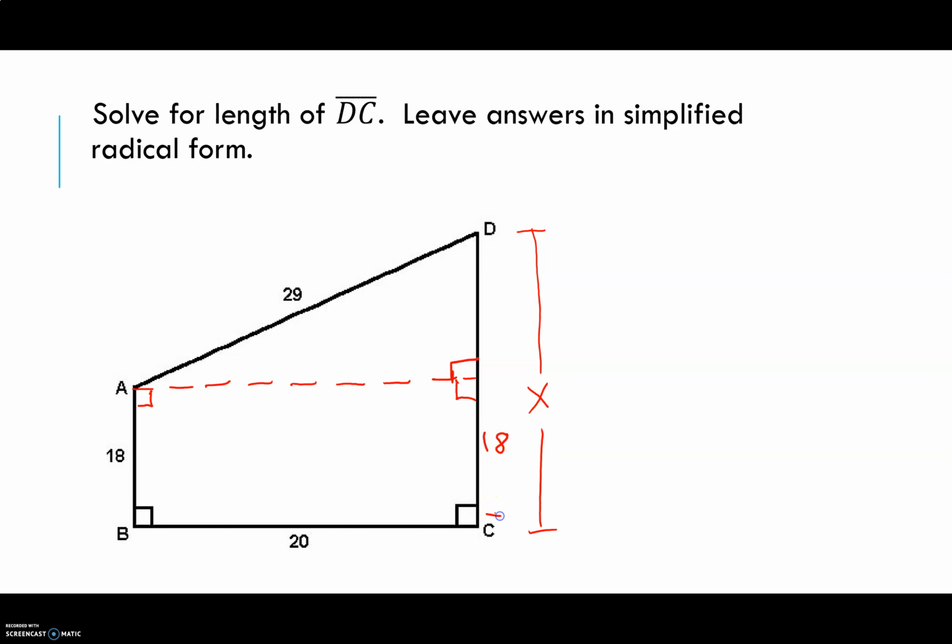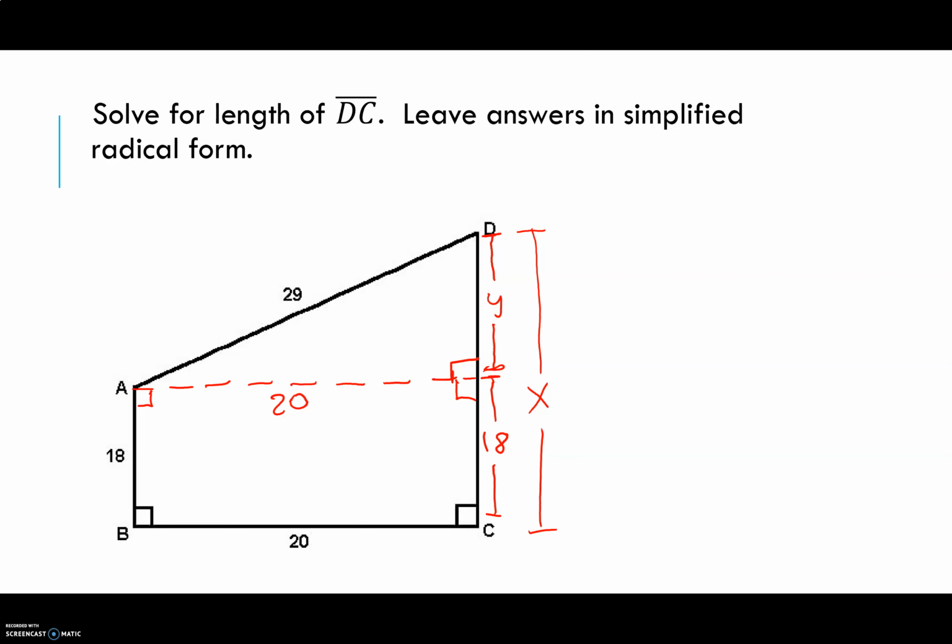So now we know that the little length from C up to this intersection point is going to be 18. We also know that this length here is going to be 20. And now we can create a new variable, y, to solve for this distance right here.